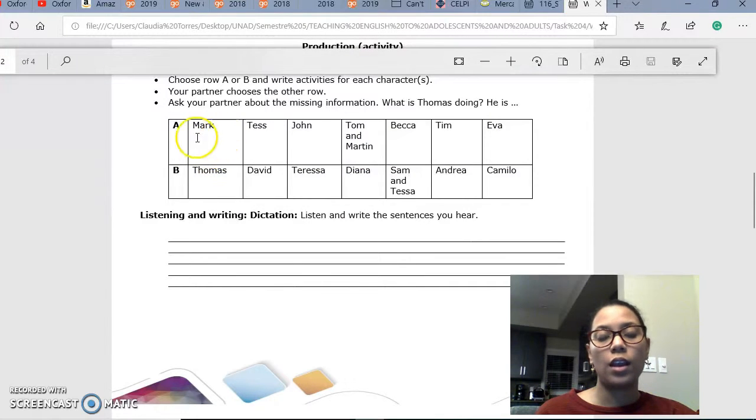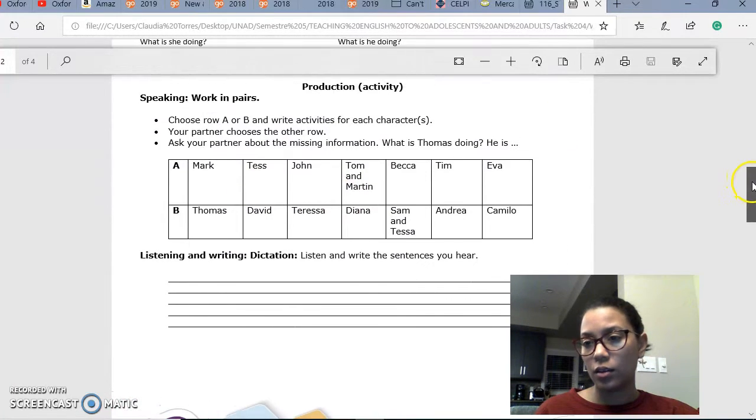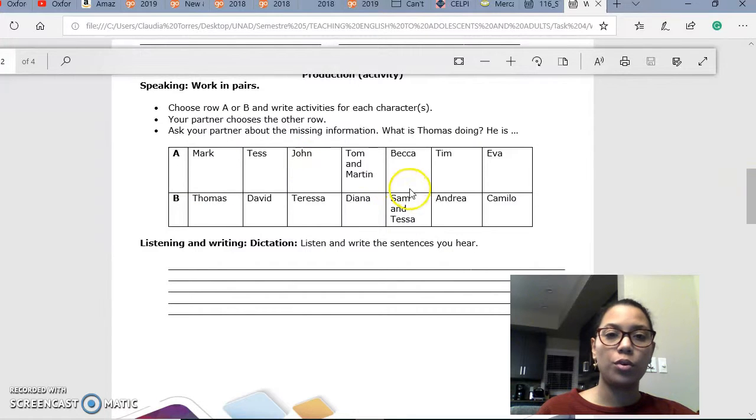So for example, Mark, and here let's say that it's eating. So Mark is eating. So they had to ask their partner, what is Mark doing? And then they had to answer. It was like a work in pairs.